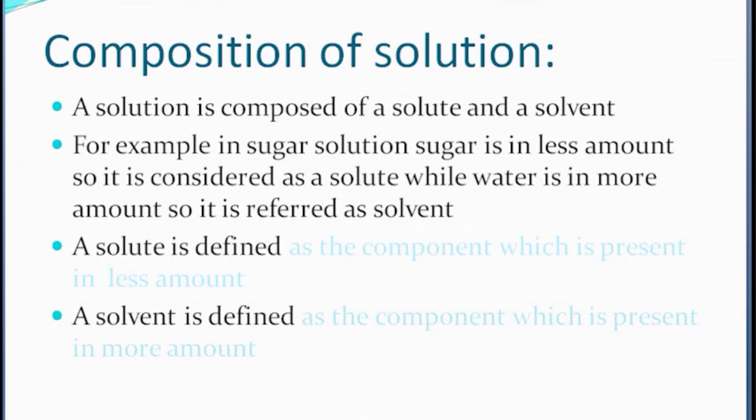The substance that is present in less amount in a solution is said to be solute, while the substance that is present in more amount in a solution is said to be a solvent. So we can say that a solution is composed of a solute and a solvent.